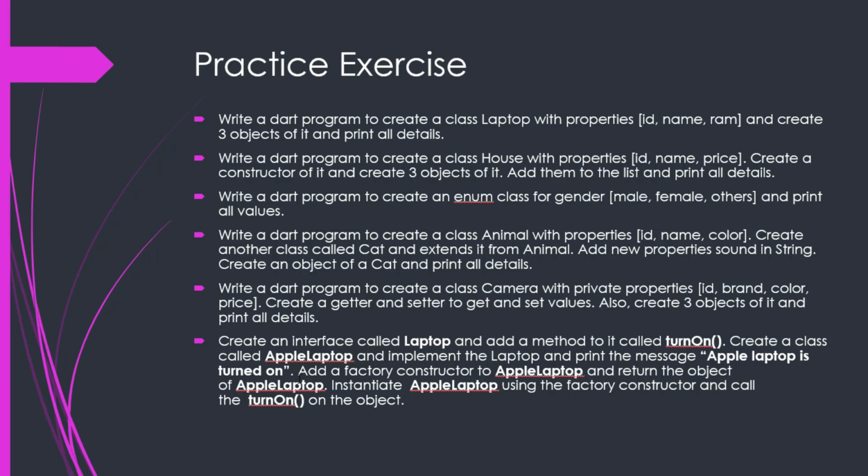And then finally you need to add factory constructor to Apple Laptop and return object of Apple Laptop. Then instantiate Apple Laptop using the factory constructor and call the turn on object. This is very simple. I hope you solve it.